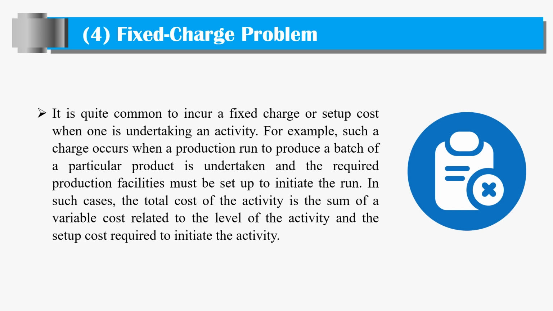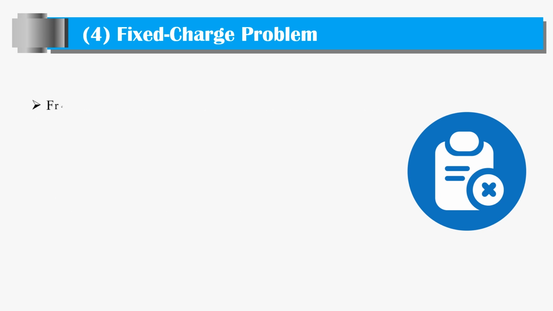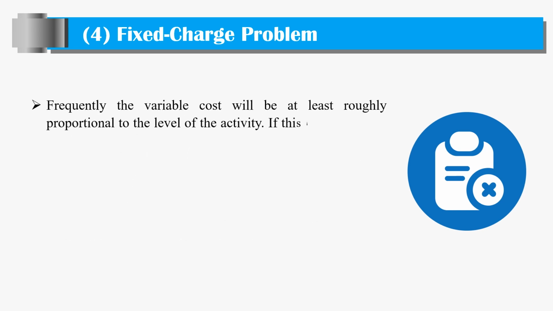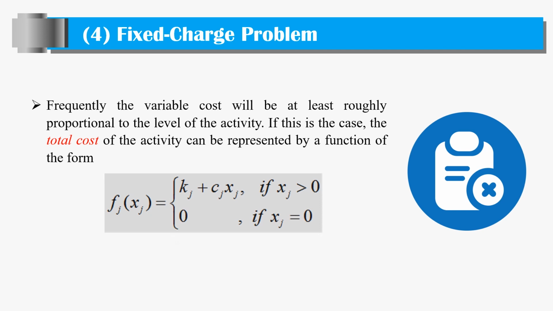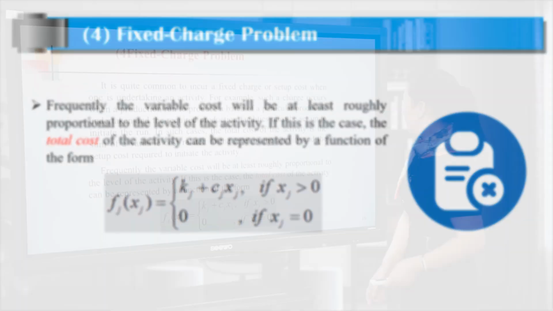In such cases, the total cost of the activity is the sum of a variable cost related to the level of activity and the setup cost required to initiate the activity. Frequently, the variable cost will be at least roughly proportional to the level of the activity.